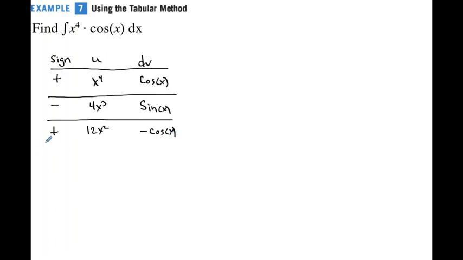And then we're ready for our next row. Change the sign again. Take the derivative again. Take the antiderivative again. And we keep doing this until our u column generates a 0. Then we stop.